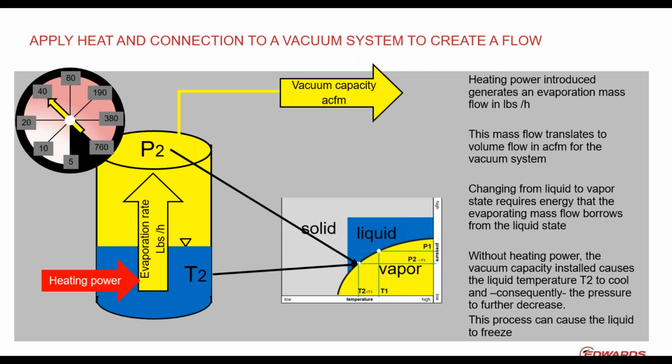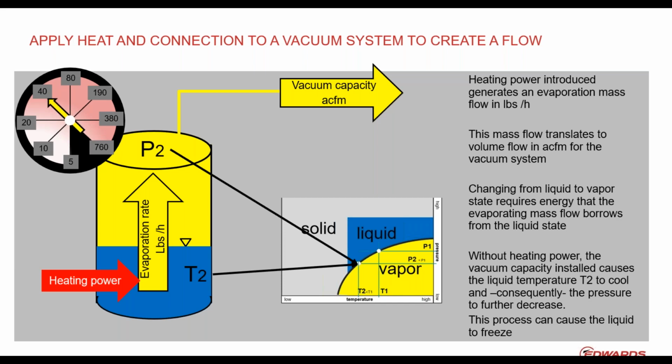And what's the outcome of that driver? To be clear, the driver is the heating power that we apply to the liquid, and the outcome is an evaporation rate. That evaporation rate is driven by the heating power and supported by the vacuum capacity, and it comes off the reactor in a mass flow in pounds per hour.